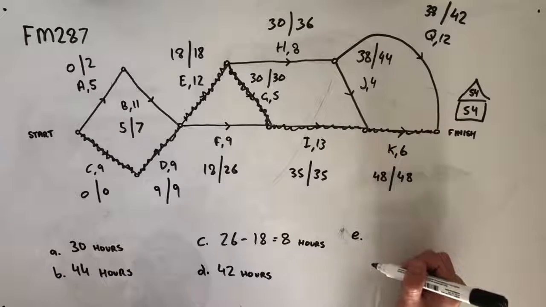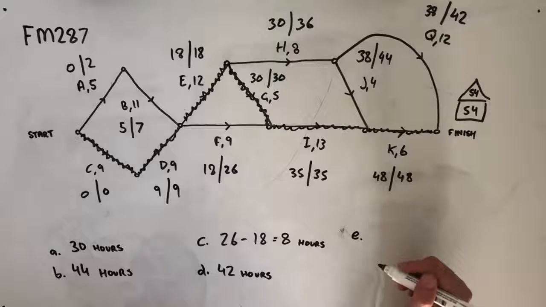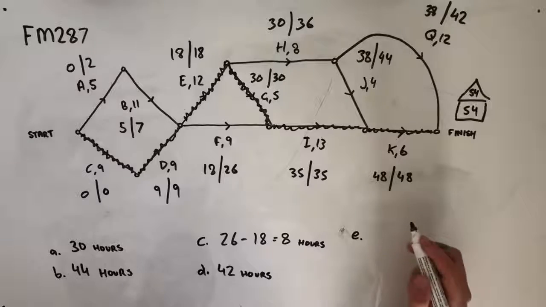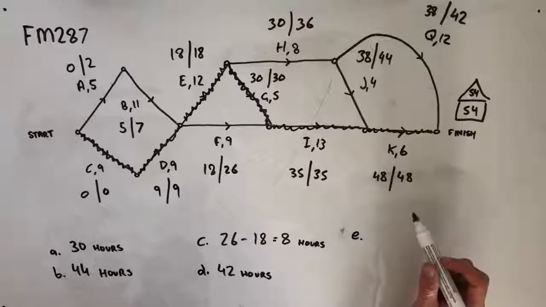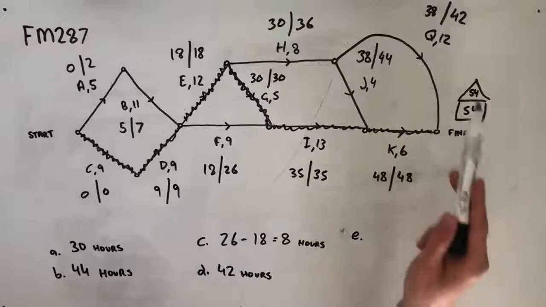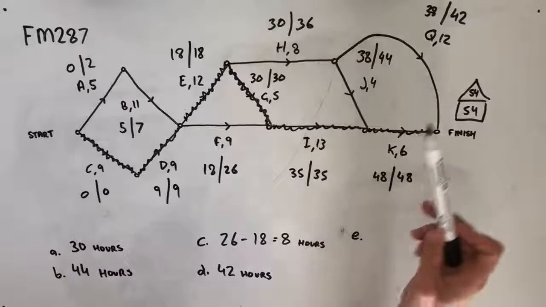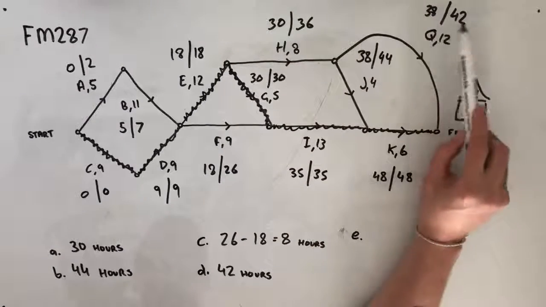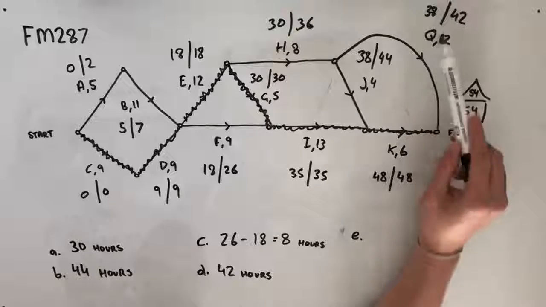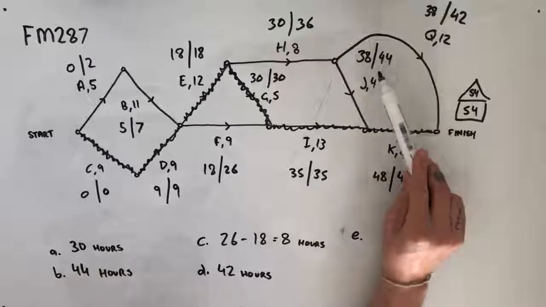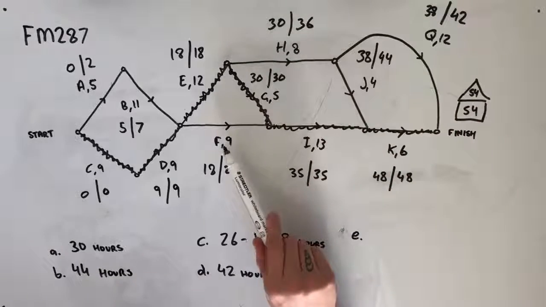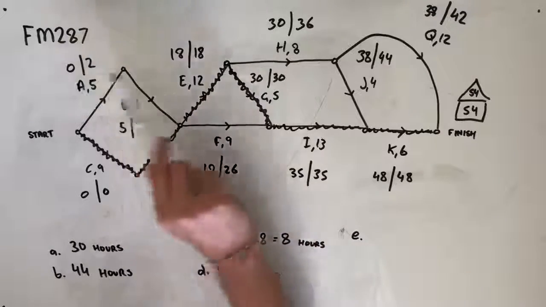E asks us, determine the least cost of crashing activity D to give the greatest reduction in the minimum completion time of the project. So this is where it's important for us to look at our float times. So you'll notice that we've got a float time of 4, another float time of 6, float time of 6, float time of 8, and then along here we've got a float time of 2.